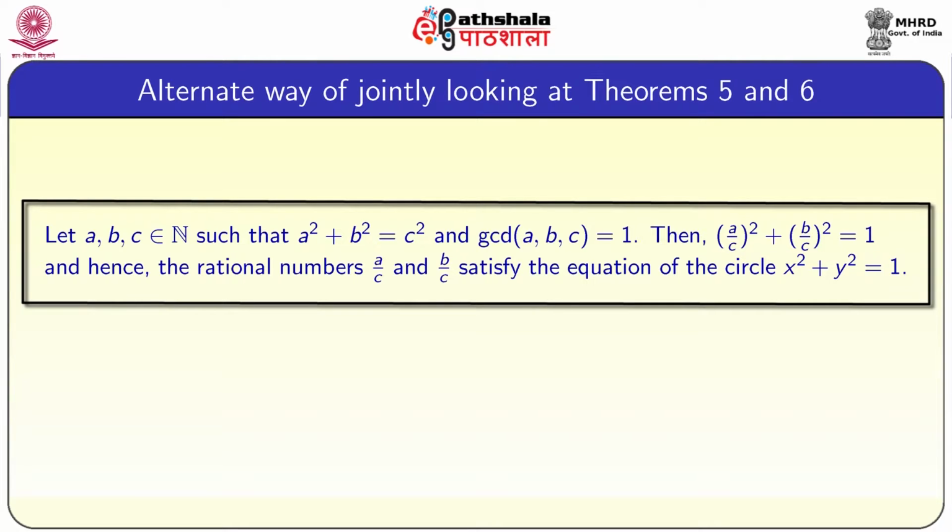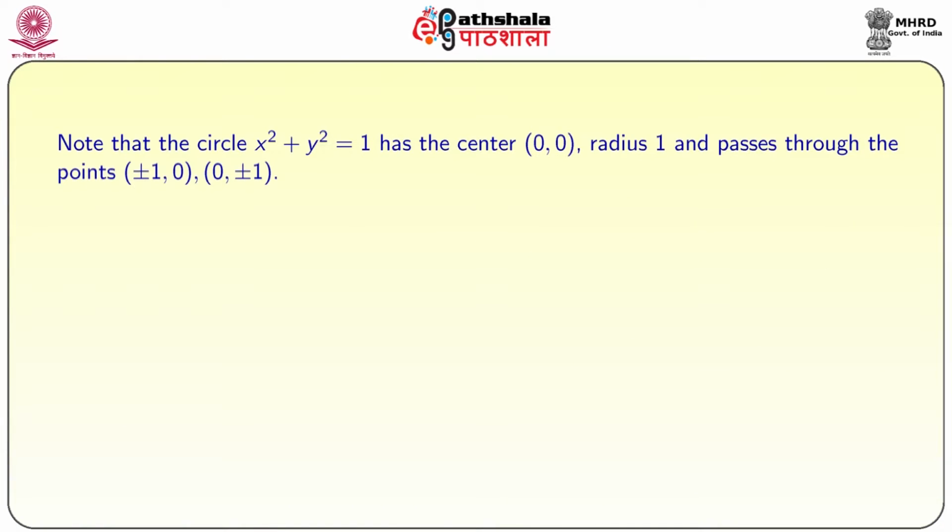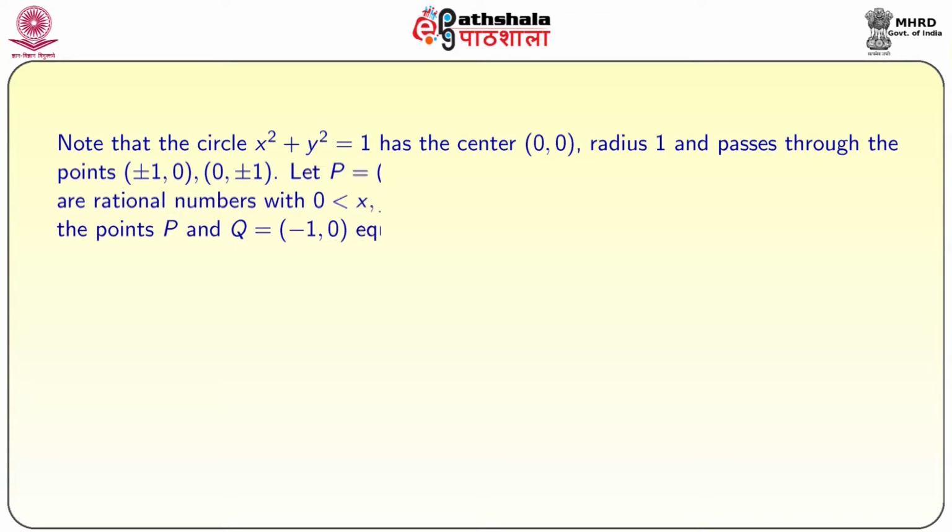Hence, the rational numbers a by c and b by c satisfy the equation of the circle x square plus y square equal to 1. Note that the circle x square plus y square equal to 1 has center at (0, 0) and radius 1 and passes through the points (plus or minus 1, 0) and (0, plus or minus 1).